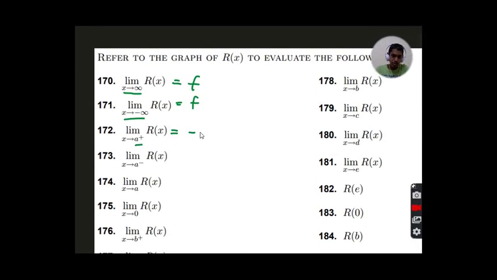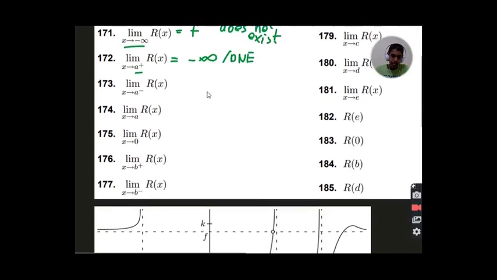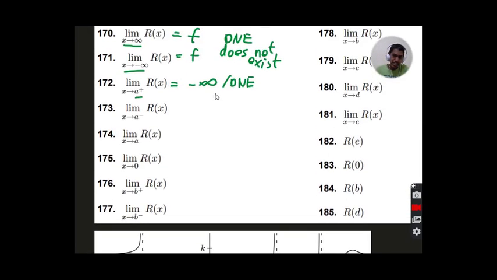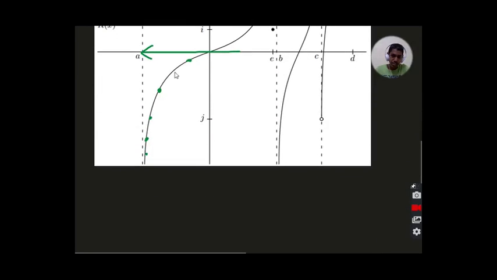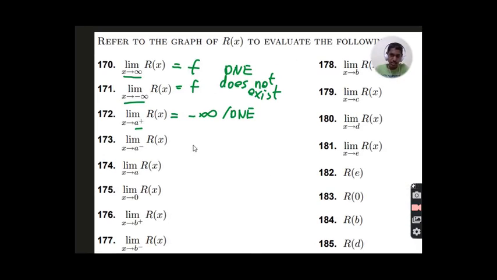So that means the limit is going to be minus infinity. Or you can say DNE. DNE is does not exist. The reason you can say both is because a limit technically has to be finite in order to exist. So if it's infinite, then you can also write DNE.